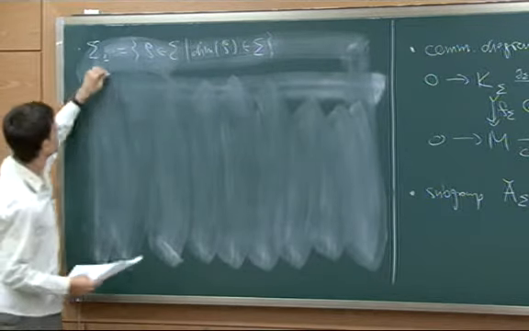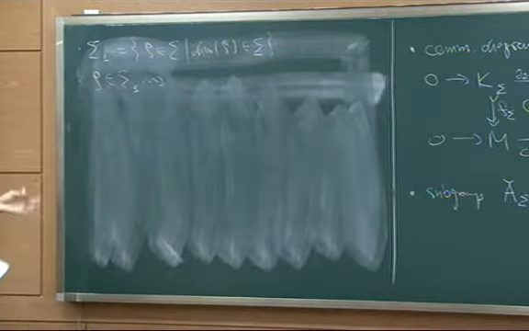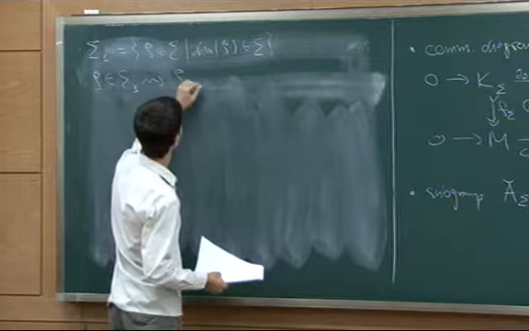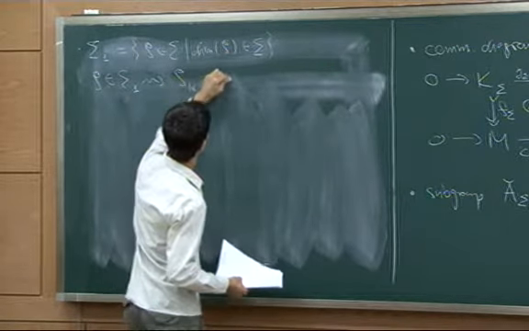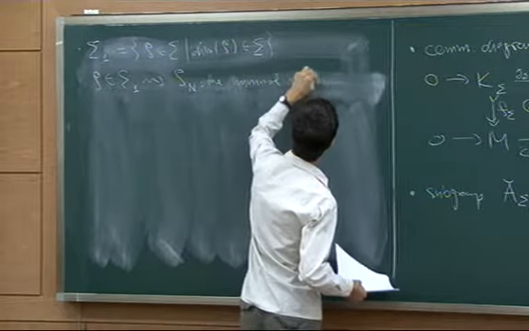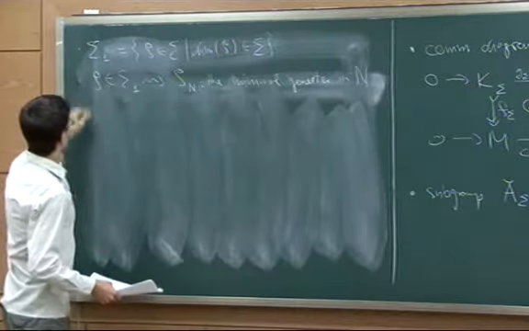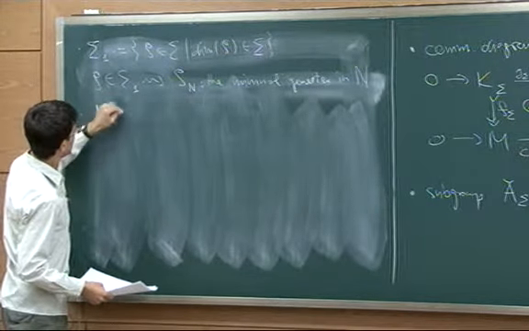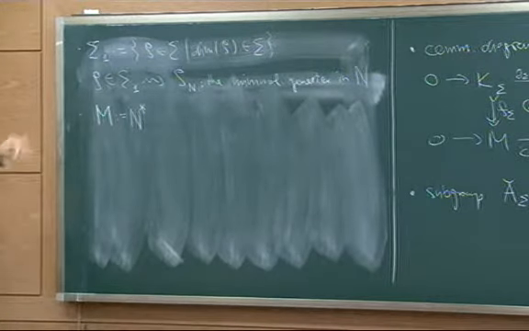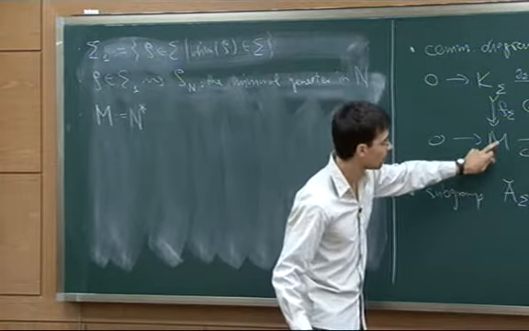If I take such a one-dimensional cone, then there is a unique minimal generator lying in N. So I denote this by row N. This is the minimal generator in the lattice N. Then by N I denote the dual of N. This is canonically a Z structure on the dual space V star. So this is the group here.